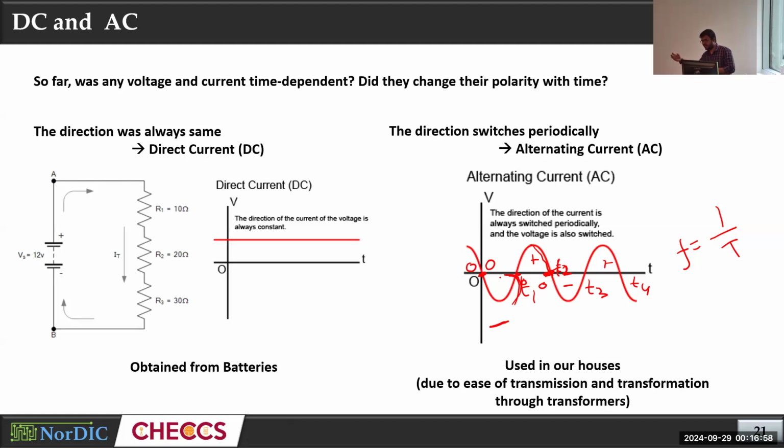The further you take it, the less voltage you will get. Maybe you supply 12 volts from the power plant, but you might not get 12 volts in your home because it will drop across the wire resistances. So when we use AC, what we do is actually increase the voltage.